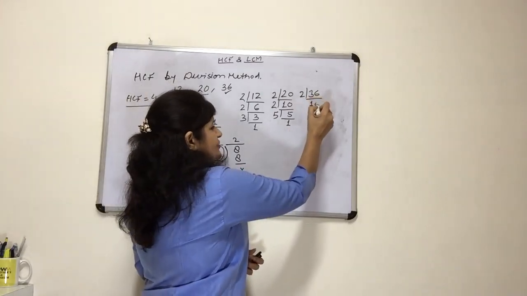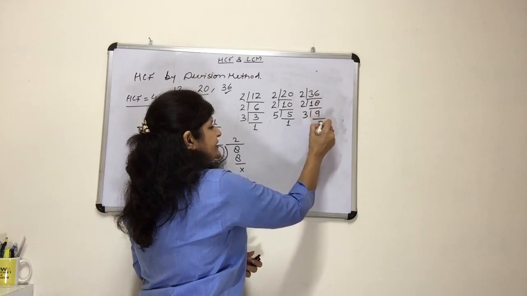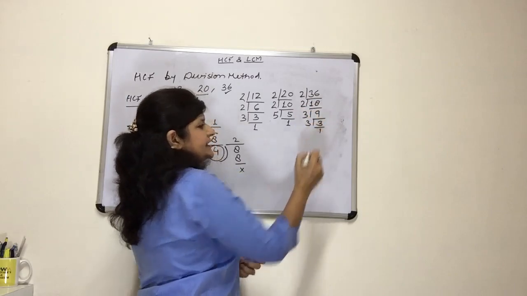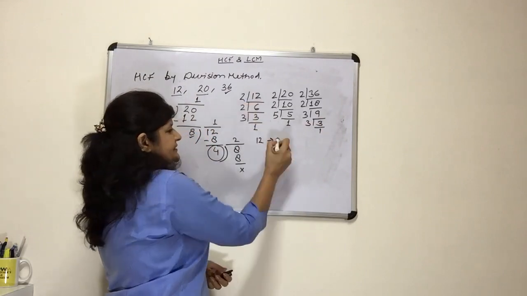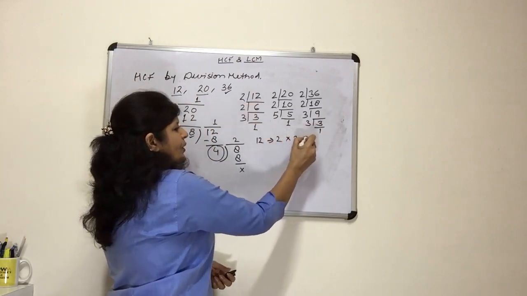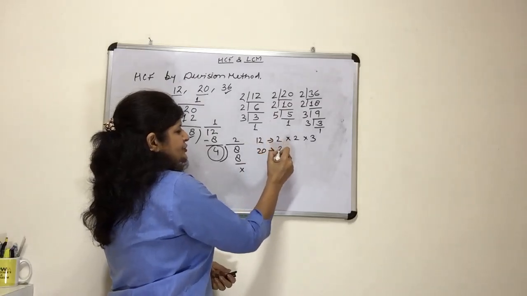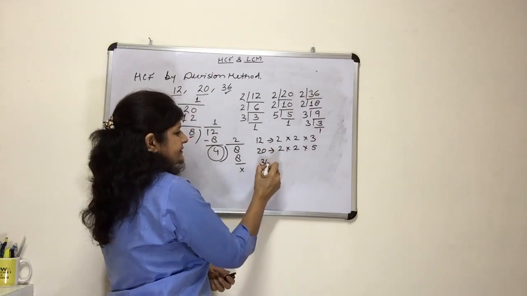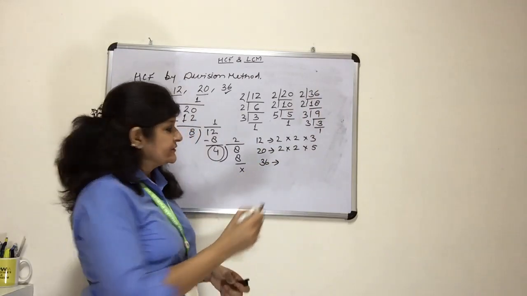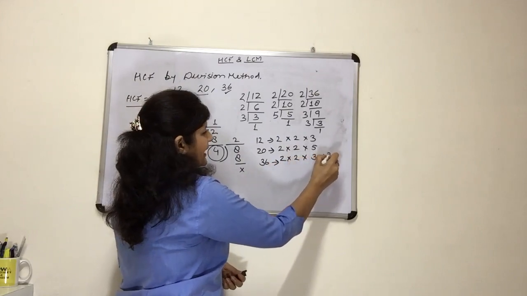So 2 1s are 2, 2 8s are 16, 2 9s are 18, then 3 3s are 9 and 3 1s are 3. Now we will write all the factors of all three numbers. This is 2, 2 and 3. Here 20: 2, 2, 5. Here 36, and the factors are 2, 2, 3 and 3.